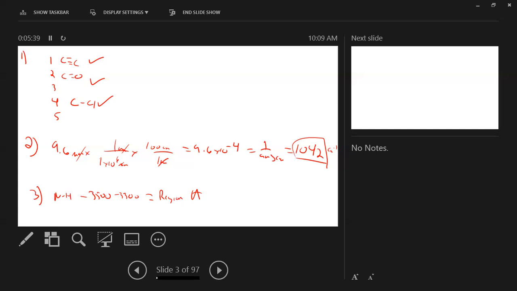All right, so let's go to question 4. Question 4 says, which region corresponds to the vibration of a carbon-carbon double bond stretch? So this is what I have. I have a compound like this. I do have some other stuff off of it, but they just want to know about the carbon-carbon double bond.